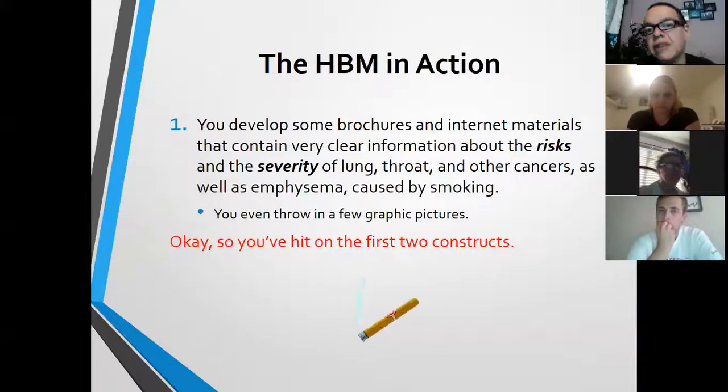But if I develop those brochures, it's also about risks and severity, but it's also related to the cues, that is the information we receive on this. So it says that we've hit on the first 2 constructs, but I will also add cues there.